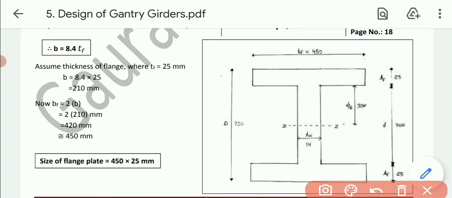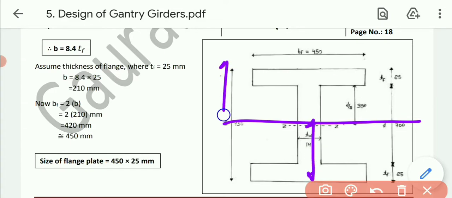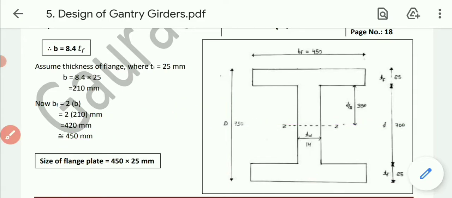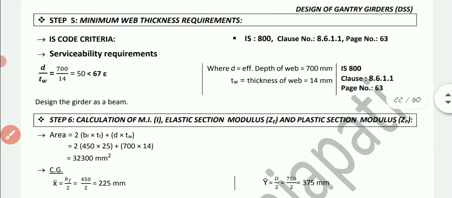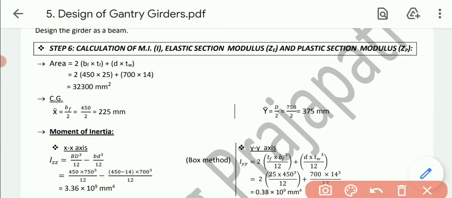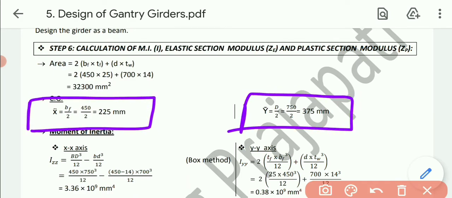Similarly y bar will be the overall depth divided by 2, that is 750 divided by 2, so it will be 375. That will be our y bar. You can see x bar 450 by 2 and y bar 750 by 2. So you've got the CG over here.